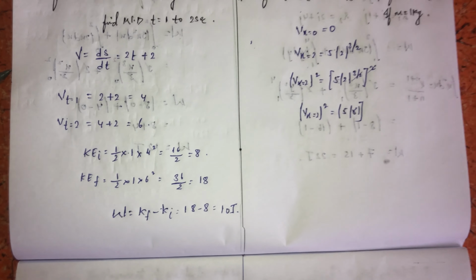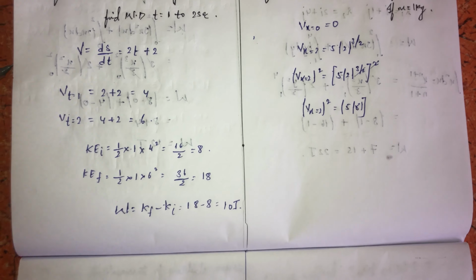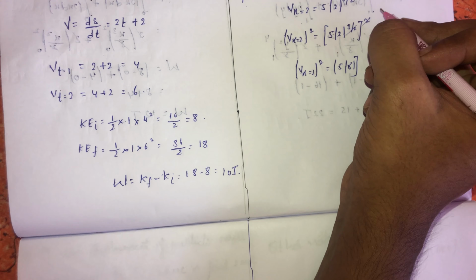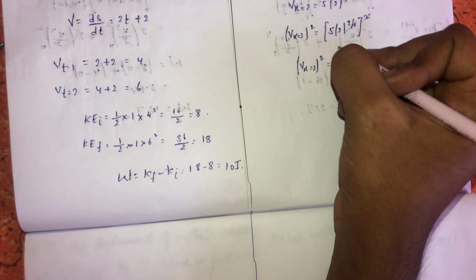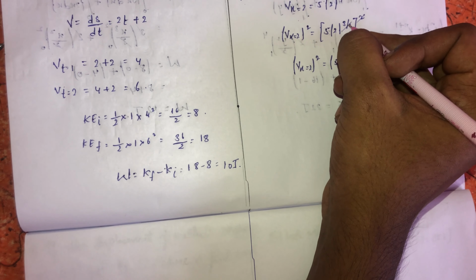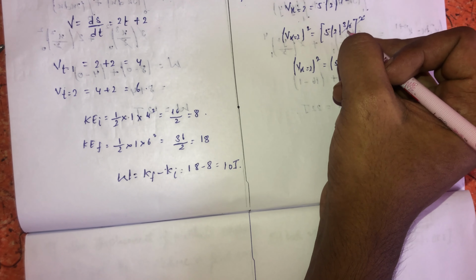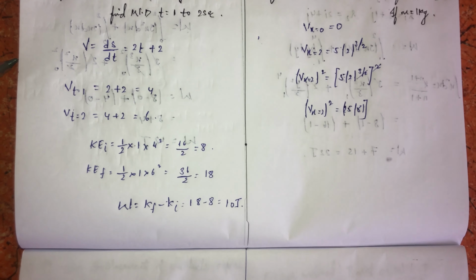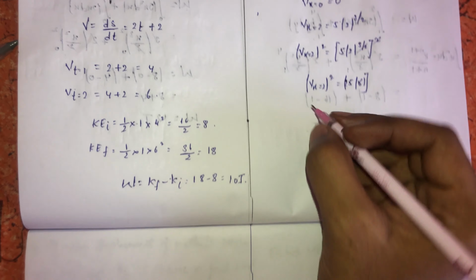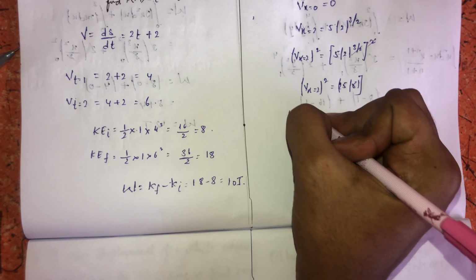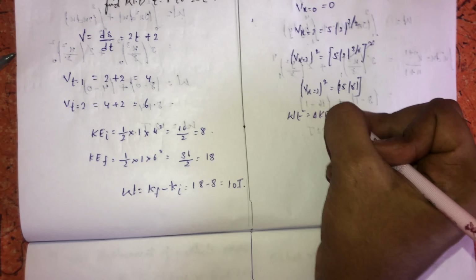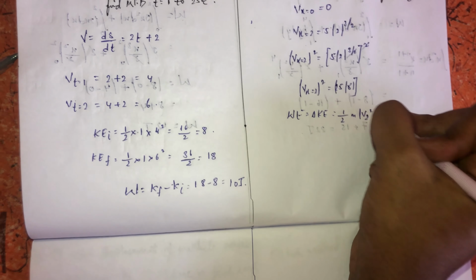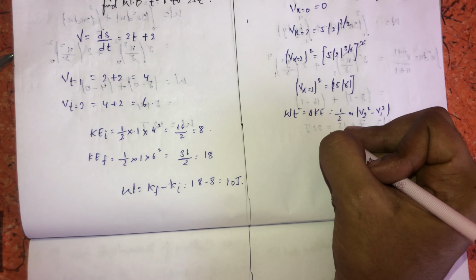So here the 2 will get cancelled for 2 to the power of 3 by 2. Then 5 square will be 25. Then work done will be equal to change in kinetic energy, which is equal to half m times v2 square minus v1 square, that is v final minus initial.